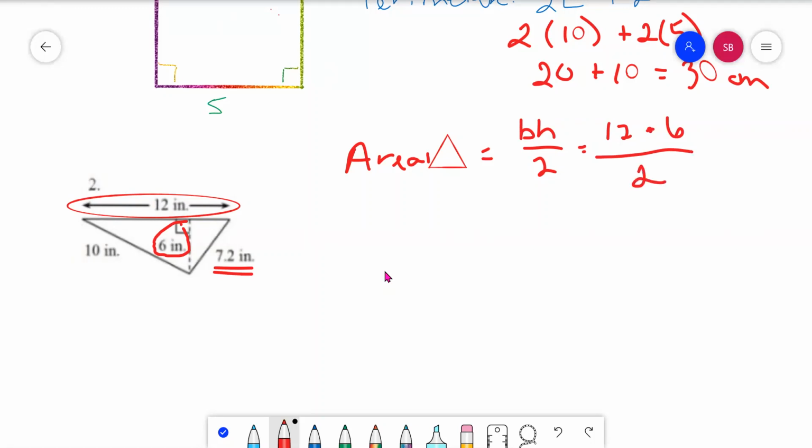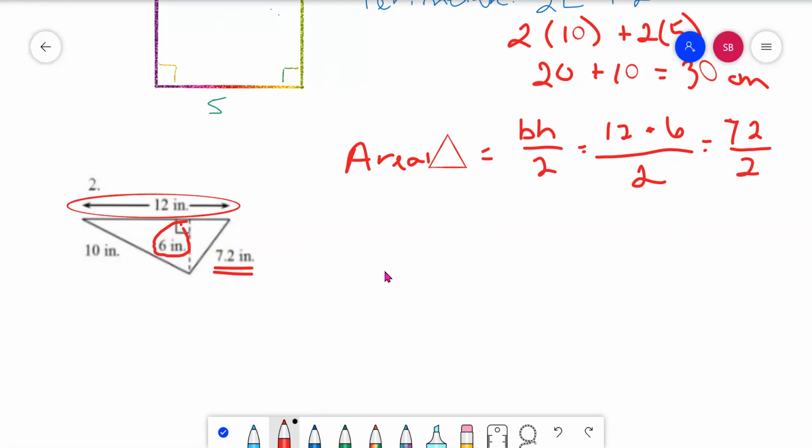So 12 times 6 is 78. I mean 72. Where my brain went there. 72 and 2.